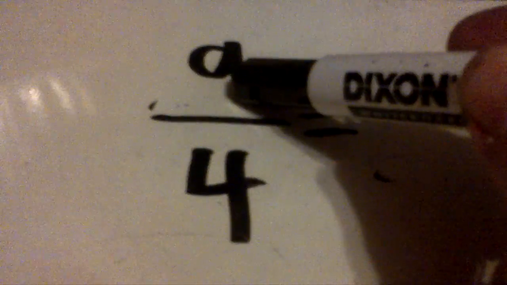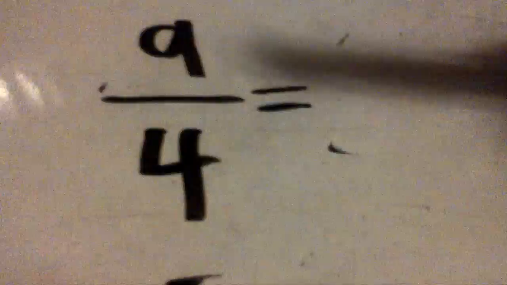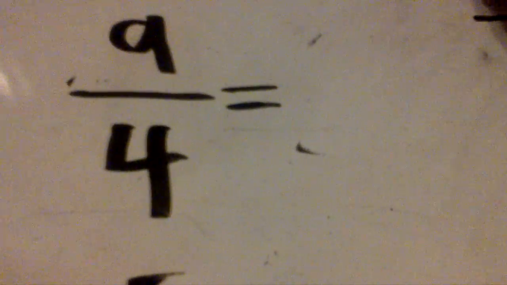Okay, let me show you one other way here, and we'll call it a day. Alright, you can also change an improper fraction into a mixed number by doing 2 steps. And the 2 main math operations you're going to use are division and subtraction.